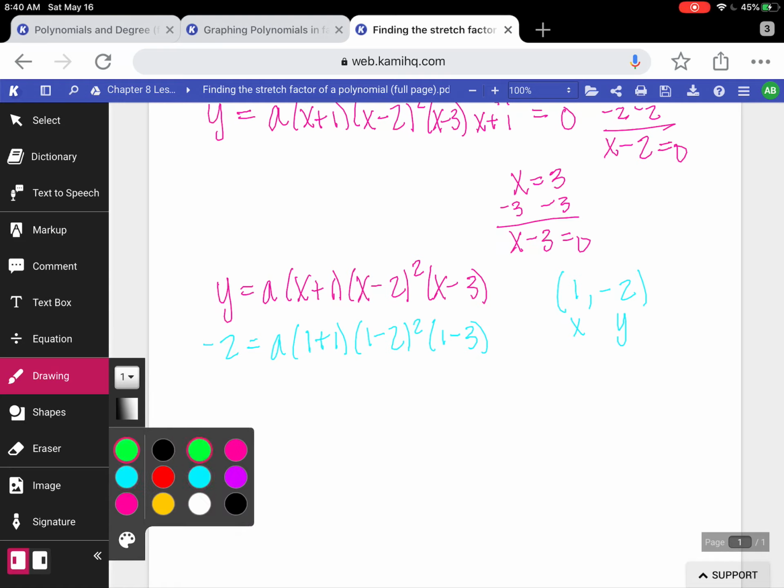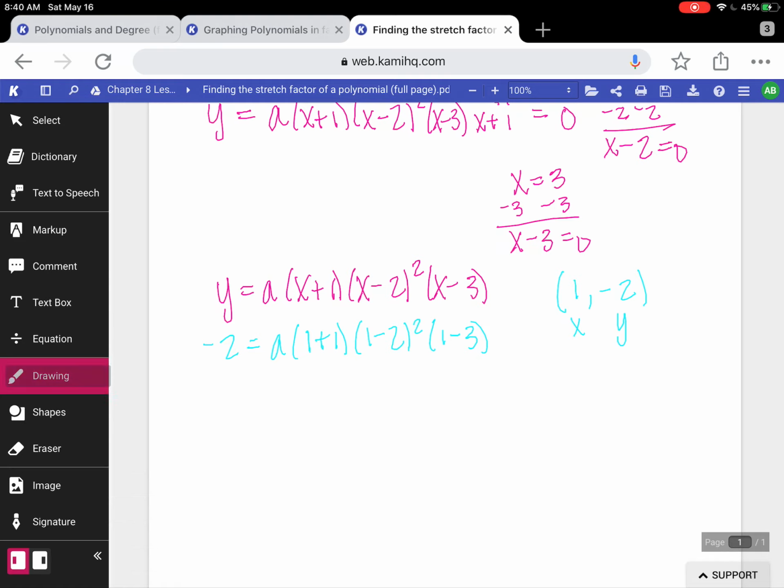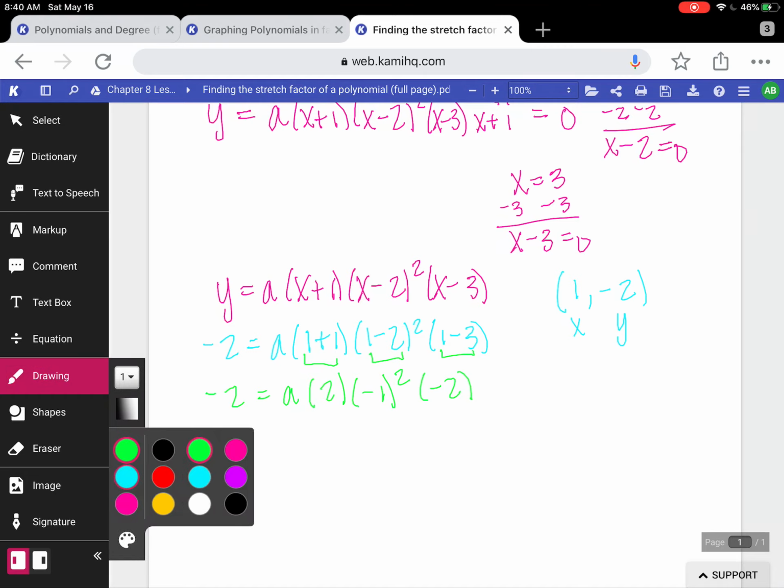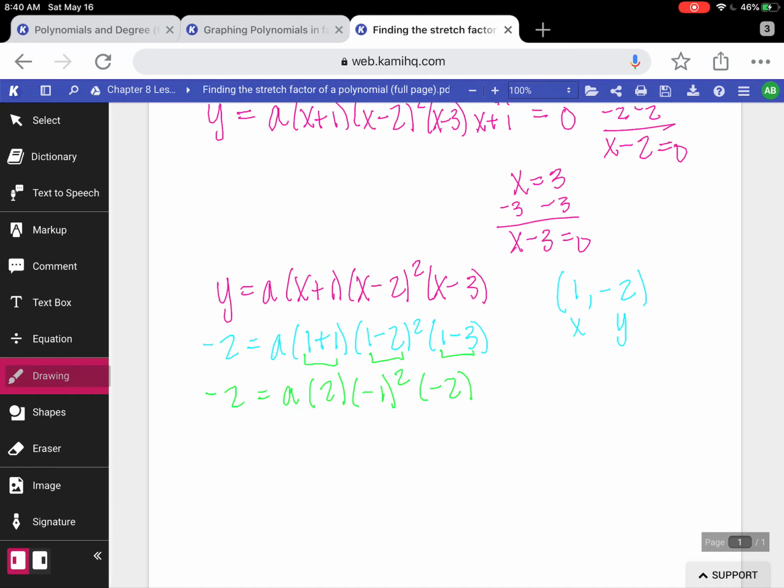So our first step is going to be to figure out each set of parentheses just to make our lives a little easier. So we have -2 equals a times 2 times (-1) squared times -2. Okay, then from there we are going to do (-1) squared.